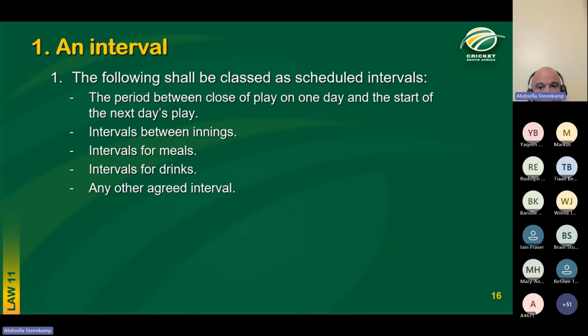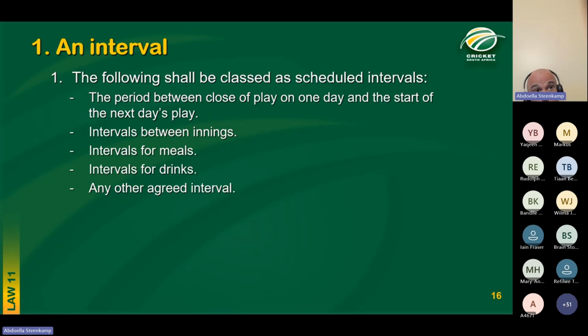So according to the law, these are examples of scheduled intervals, and the governing body of cricket for that competition then guides us on how long these intervals should be. The law doesn't specify how long it should be. This is where the governing body comes in. Your interval between innings, we'll see in the next slide, is always 10 minutes.